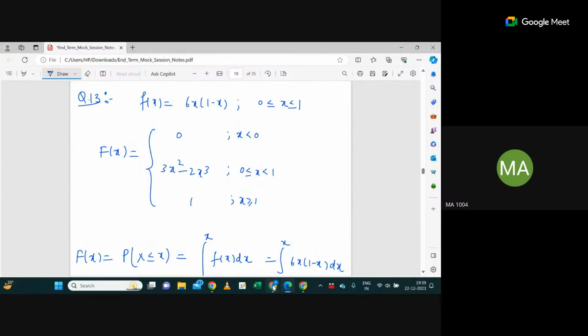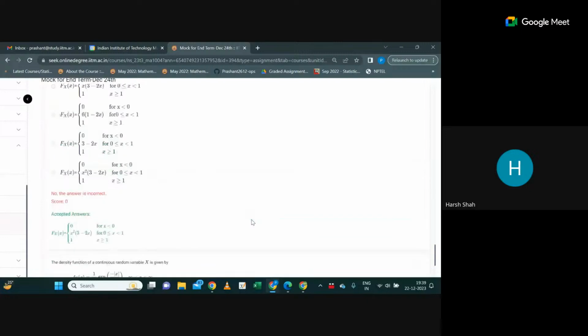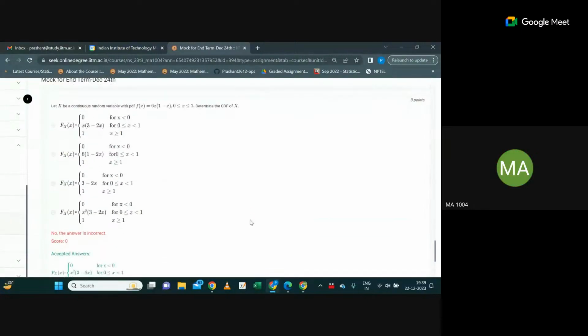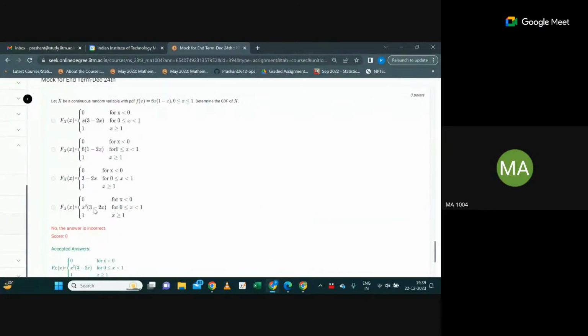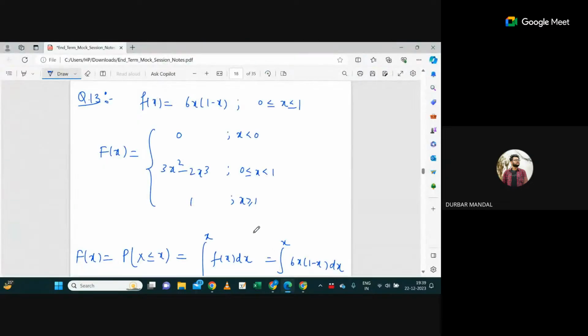Is there any such option? Yes, sir, fourth option. Here you can take x square as common, so it will be x square times (3 minus 2x). Is this clear? Yes, sir. You can take x square as common and you will get the correct answer.